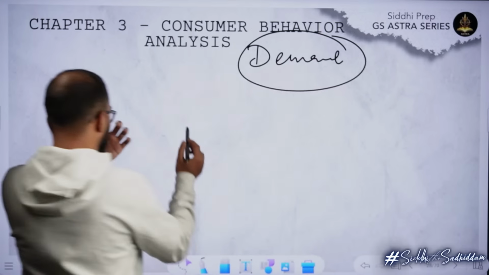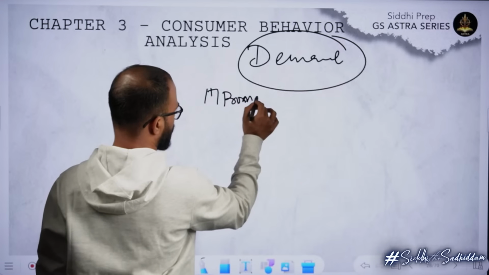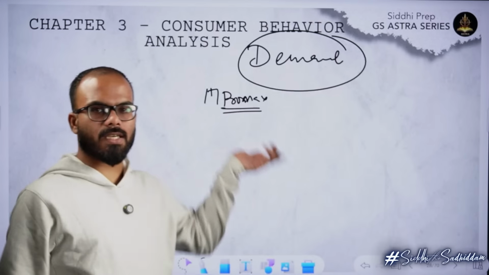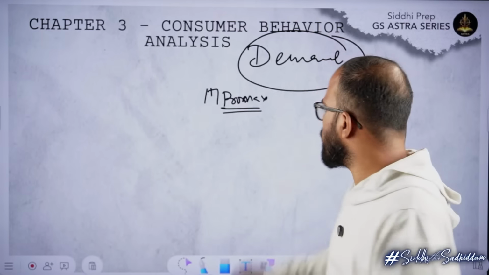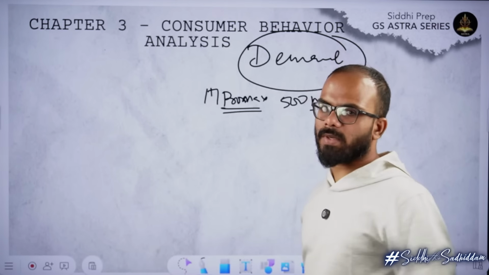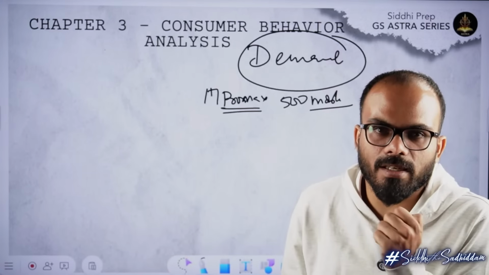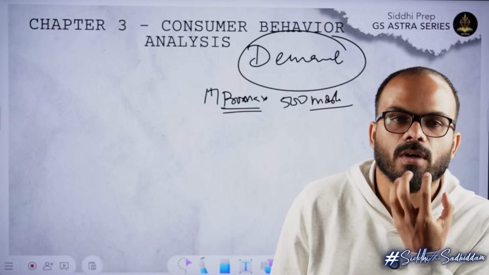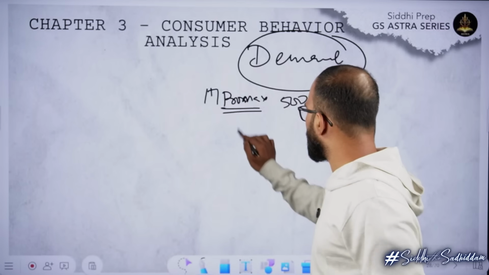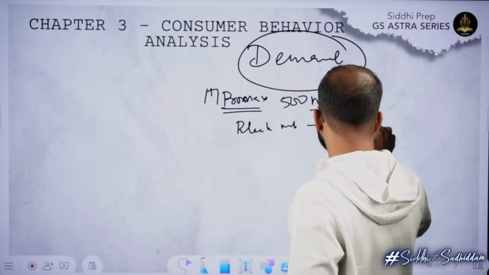Now let us say the iPhone 17 Pro Max was released and there are only 500 mobiles in the entire city, but everybody wants their hands on the iPhone right after the release. What would happen? It will obviously lead to a black market, which means prices increase, right?